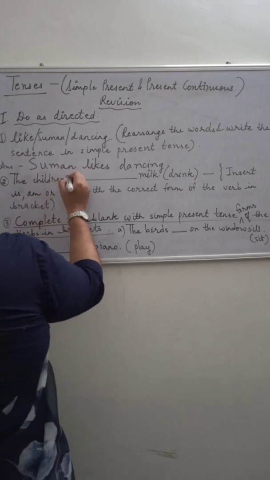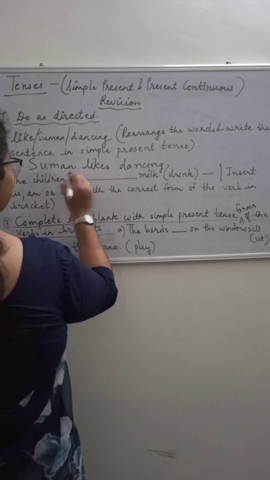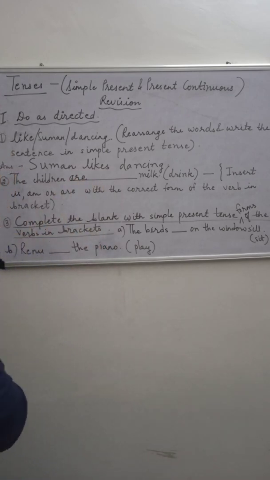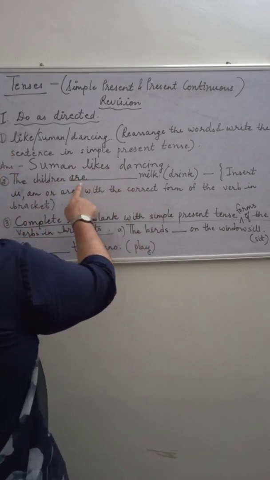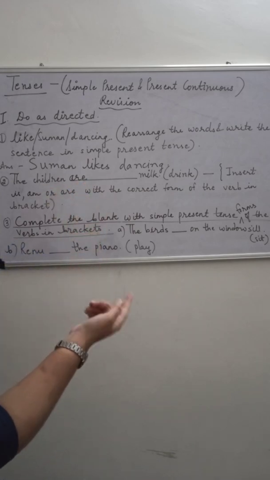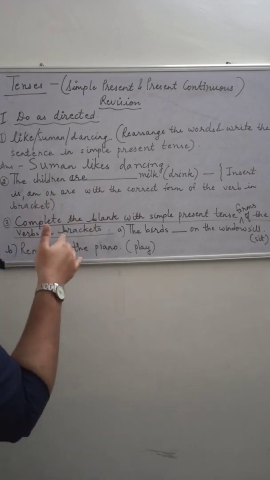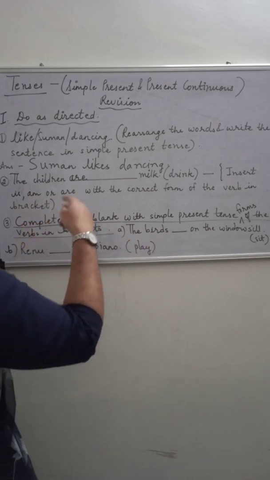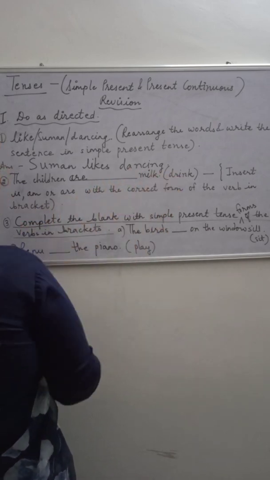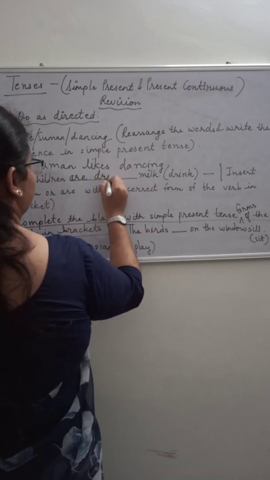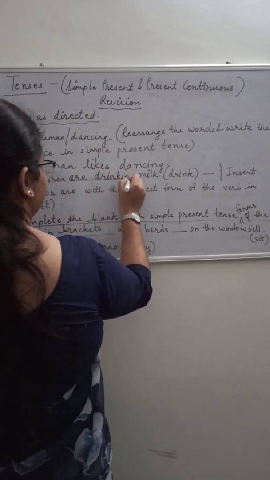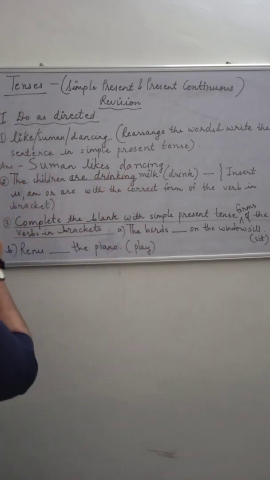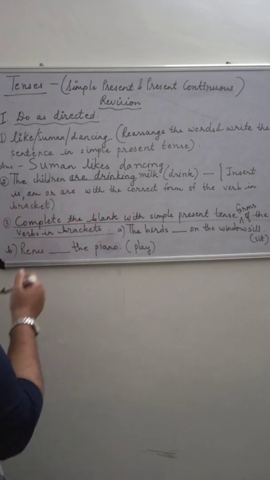So first we will write are and then we have to insert the correct form of the verb. So with is, am, are, which form of the verb do we use? We use the present continuous form of the verb, which means we have to write the ing form of the verb. So drink will become drinking. We will add ing. So the sentence becomes the children are drinking milk.